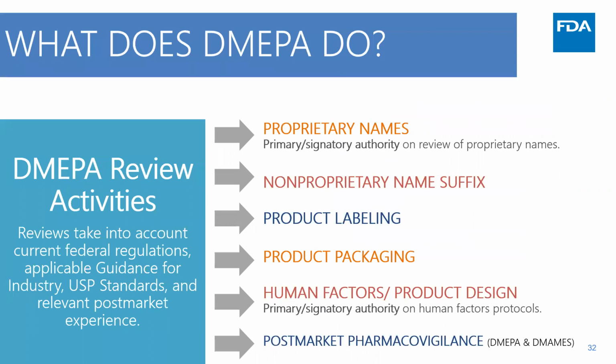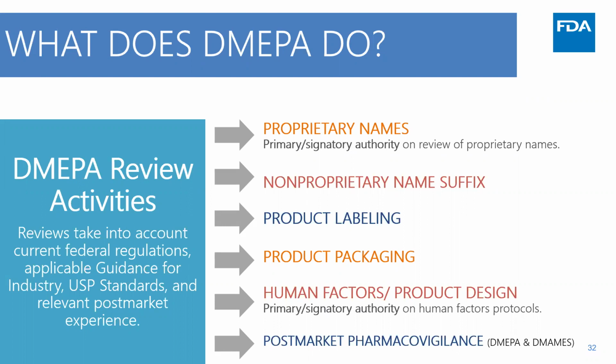So the majority of DMEPA's review work or activities focuses on the pre-market evaluation of proprietary names, non-proprietary name suffixes for non-proprietary naming of biological therapeutics, product labeling, which includes the evaluation of proposed container labels, carton labeling, prescribing information, patient information, and instructions for use among other labeling, and the evaluation of product packaging, product design, and human factors.